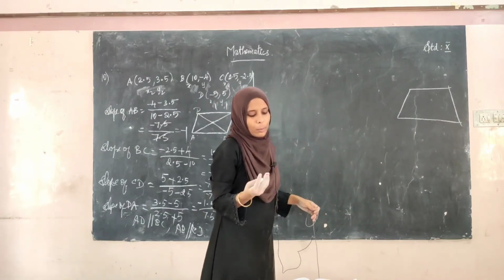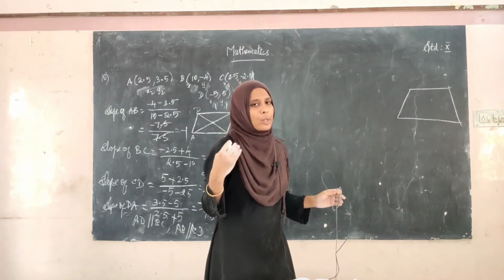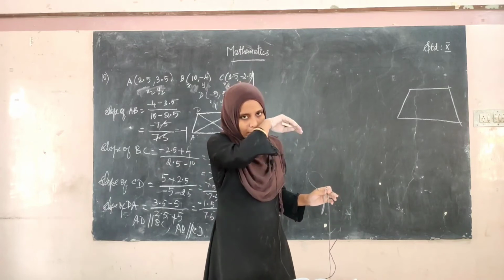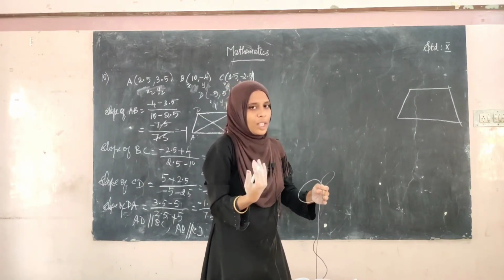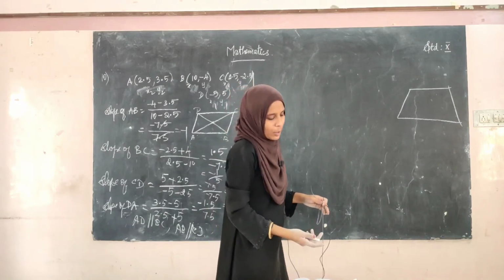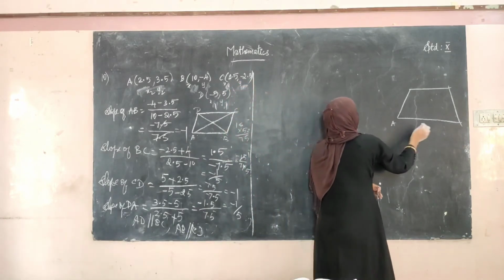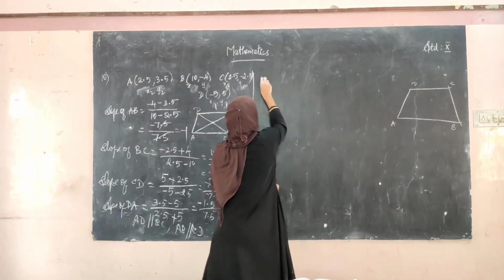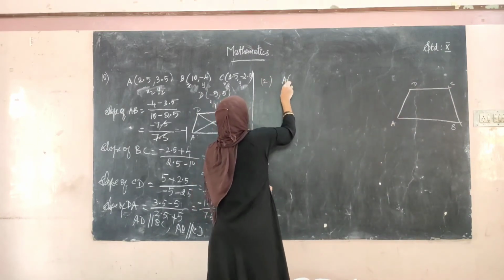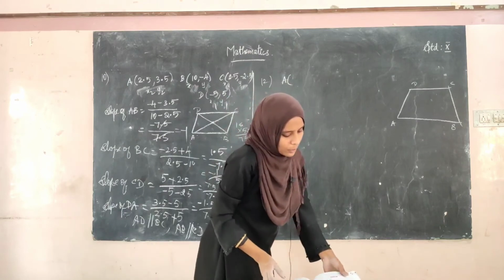So using the 4 points, you have to find the slope of all sides. If you find, then you will be getting two slopes the same, and you can say that it forms a trapezium. Okay, so let this be A, B, C, D. What are the points given there?